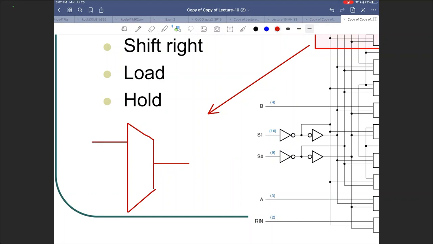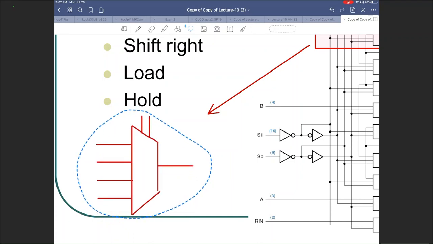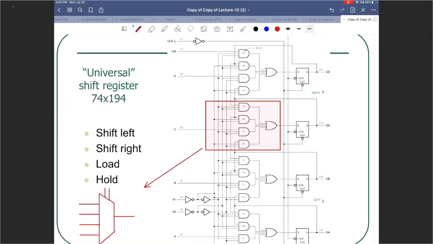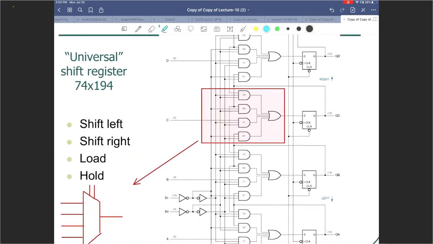One is here, one is here, and then I have a 4:1 mux, so I need 2 inputs for select. Most significant select followed by least significant select. What is the selection based on? The selection is based on S1 and S0.